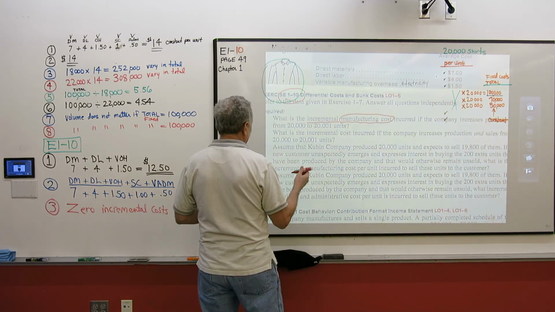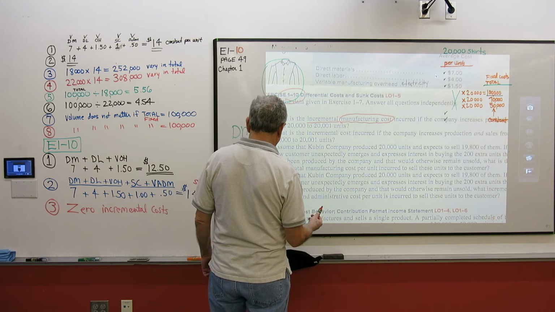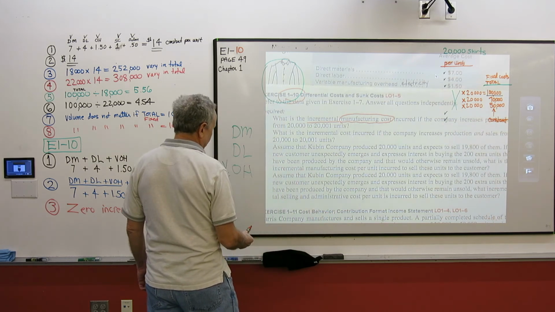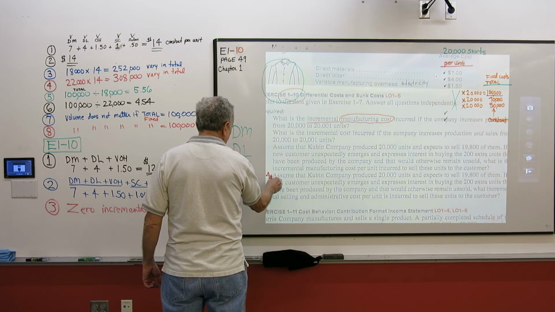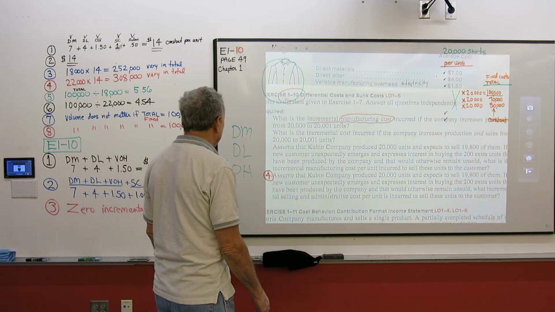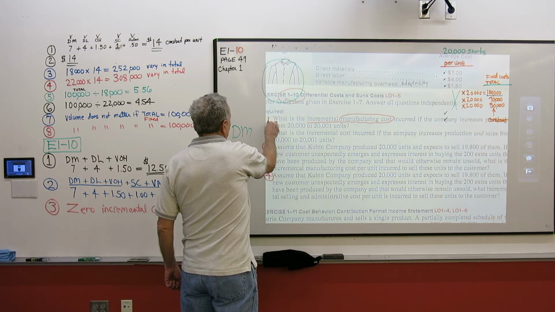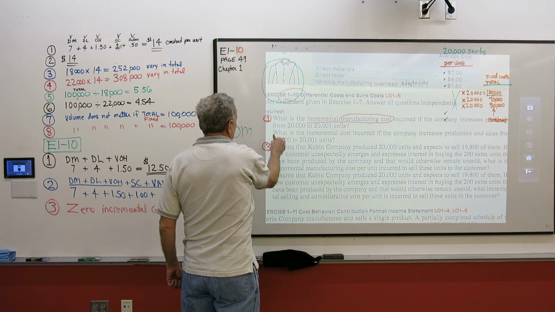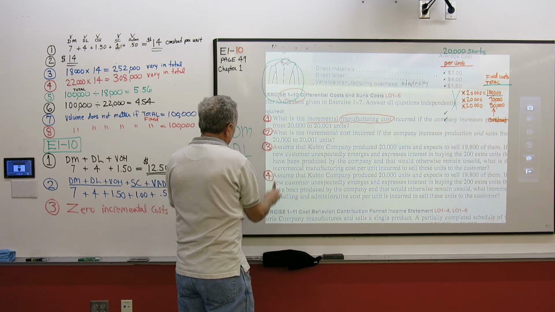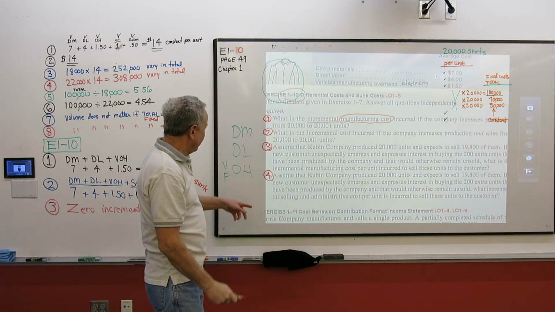Okay, here it is. This is 4. This was 3. This was 1. This was 2. The numbers are shifted so you can't see them.